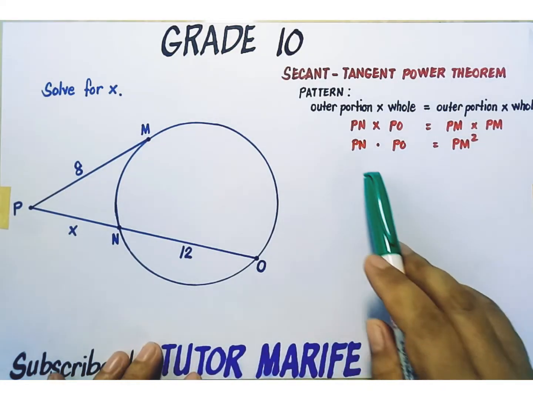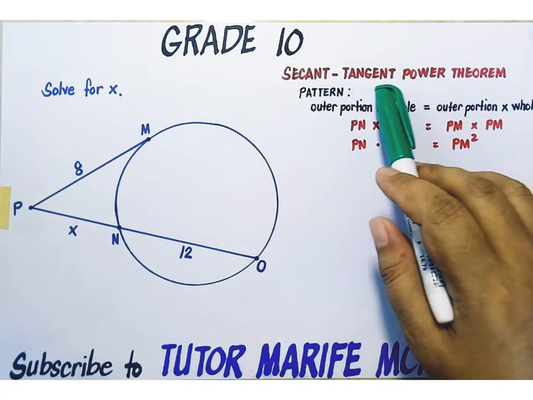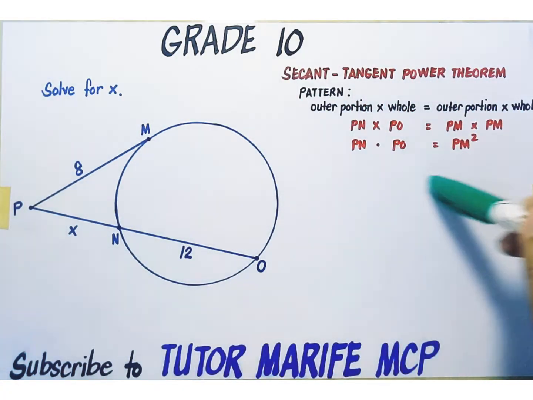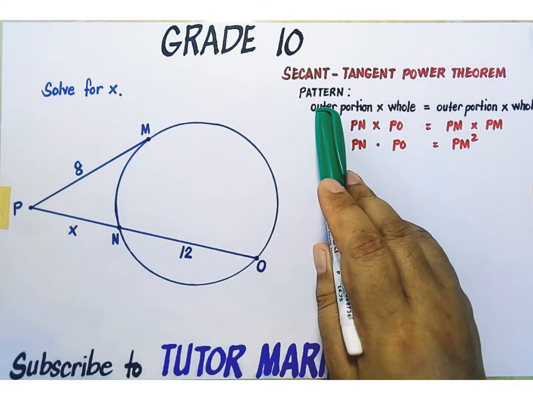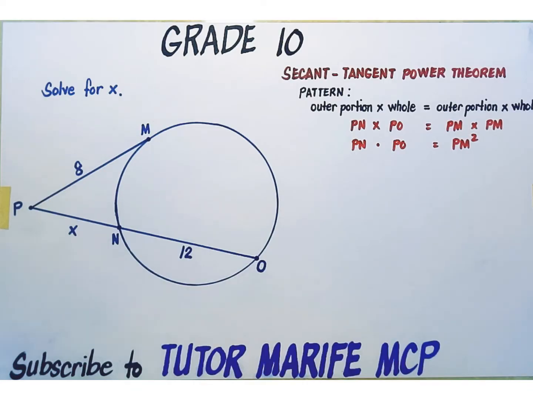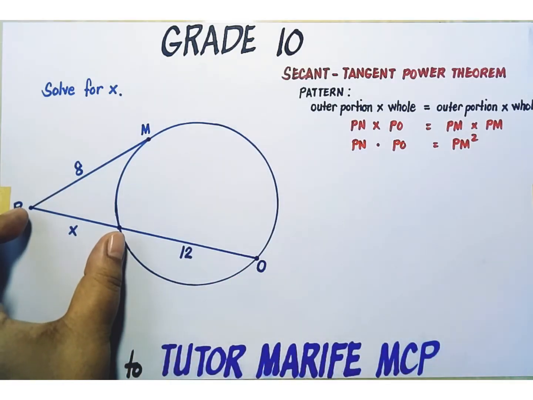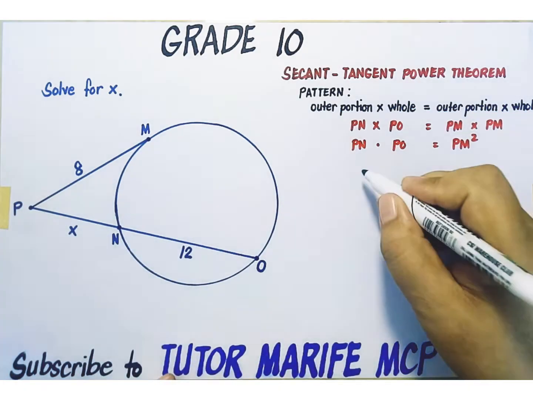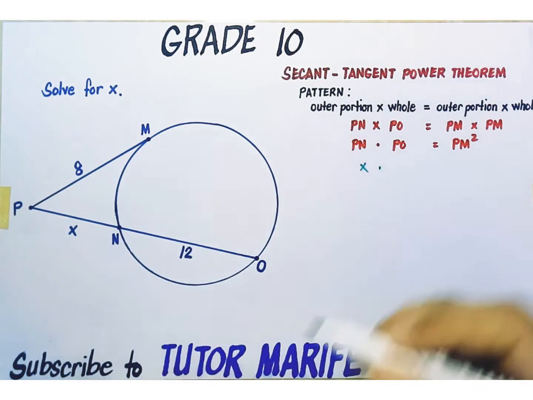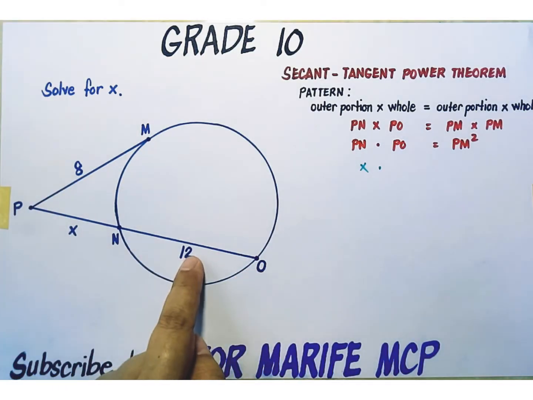So in writing this equation, by application of the secant tangent power theorem, this actually came from this pattern: outer portion times whole equals outer portion times whole. Next, let's replace PN with X. The length of PN is represented as X. And replace PO with the sum of X and 12.